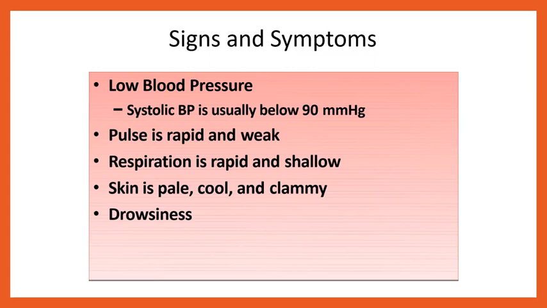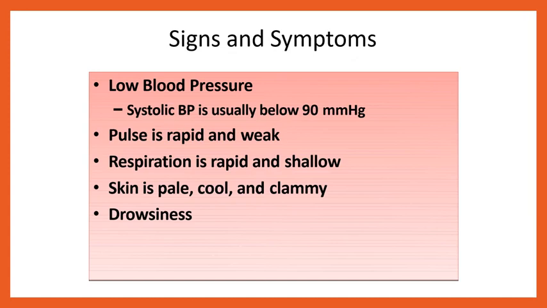Signs and symptoms of hemorrhagic or hypovolemic shock are low blood pressure, that is systolic BP usually below 90 mmHg, and pulse is rapid and weak, respiration is rapid and shallow, skin is pale, cool and clammy, and there will be drowsiness. So these are very important signs and symptoms which you should notice in a shock patient.